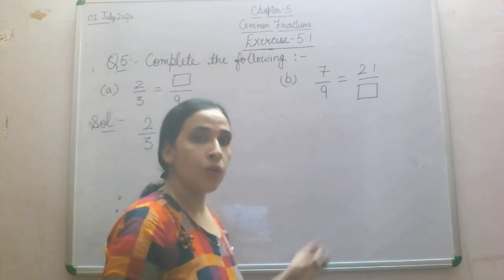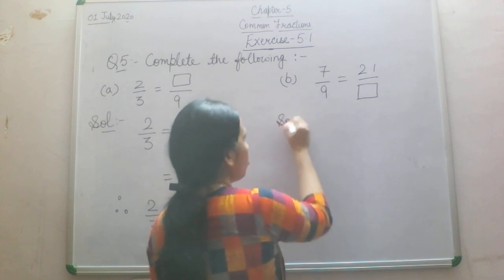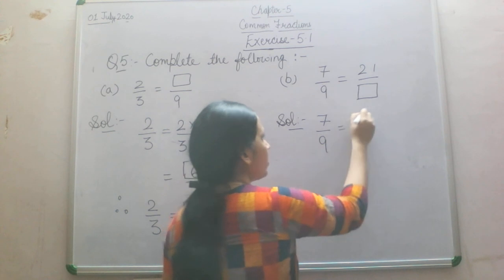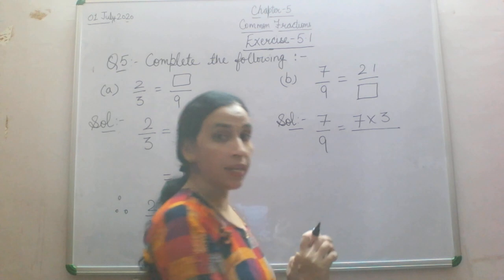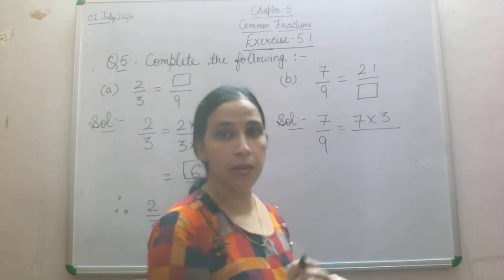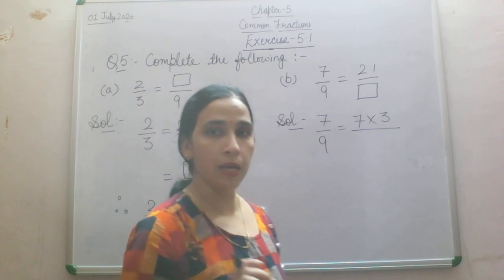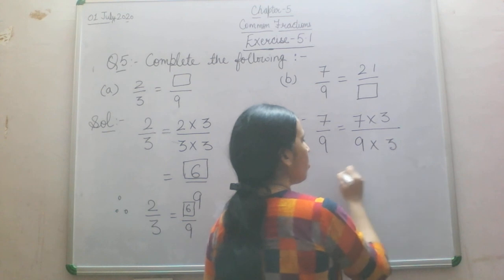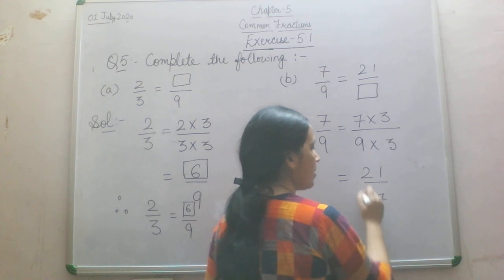So what we will do? We will multiply 7 by 3. So here we will write 7 by 9, and now when 7 is multiplied by 3, the denominator will also be multiplied by 3. So 9 threes are 27, which is your answer. 7 threes are 21 and 9 threes are 27.